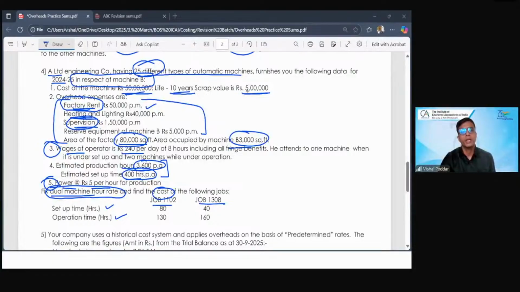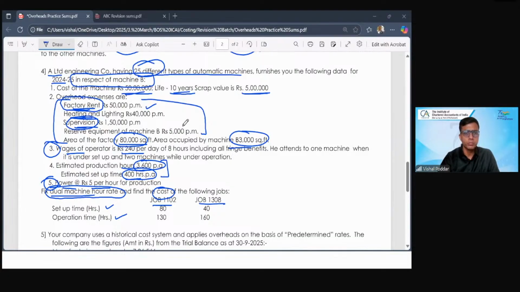Samriddhi, you're right. We can distribute heating, lighting, if it is given that it is for the entire factory. This is what I'm trying to figure out, whether heating, lighting is for the entire factory. Because if it is for the factory, then we'll have to apportion it.